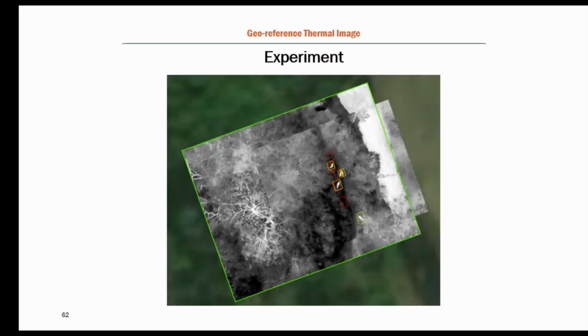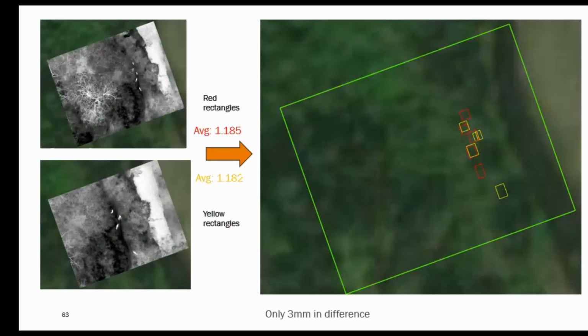By using the georeference model, we can project the two thermal images and the bounding boxes on a map as shown. Based on the map coordinates, the area of the bounding box can be calculated. In fact, the average sizes in the two images are very close, only 3 millimeters in difference.